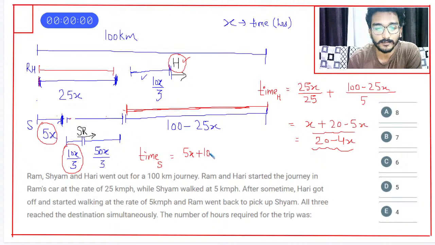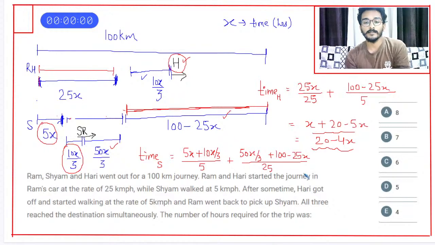So this is the total distance covered by Shyam himself with the speed of 5. And then he covered the rest of the journey, which is 50x by 3 plus 100 minus 25x, in the car at the speed of 25.